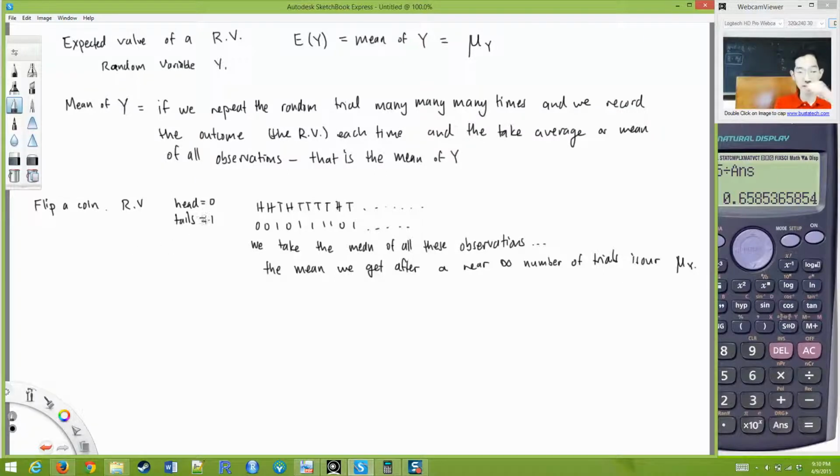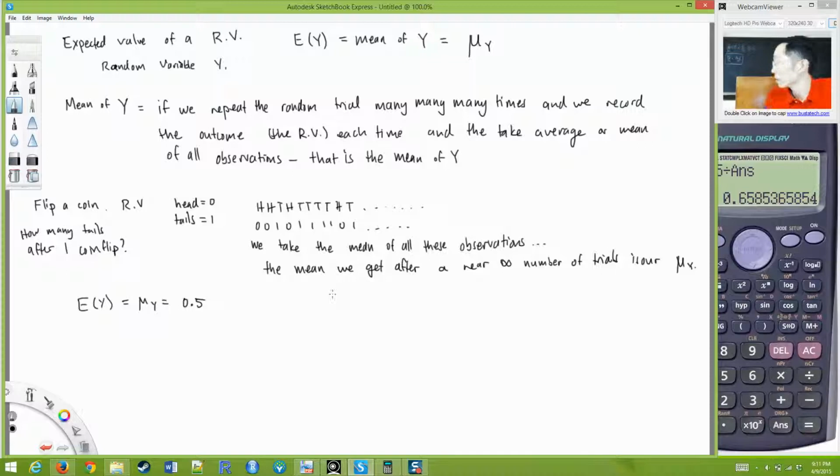We've defined a random variable this way: flip a coin once, how many tails do you see? It's the average of all of these things, so our expected value would be 0.5, right? The expected value of Y, or the mean of Y, is equal to 0.5.